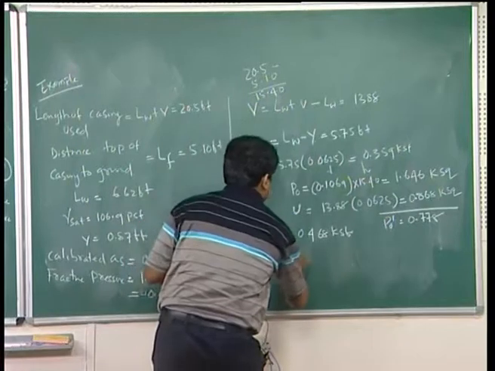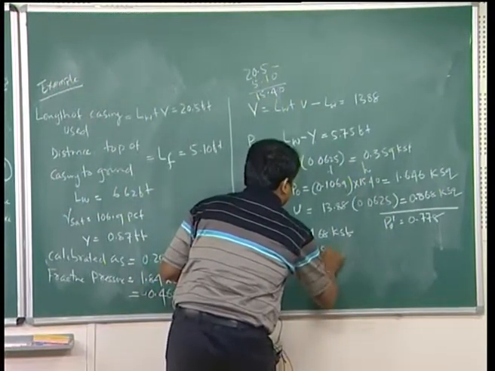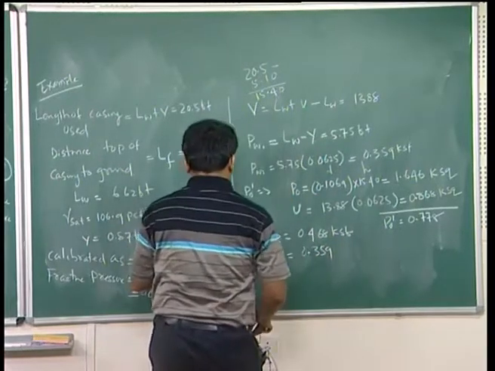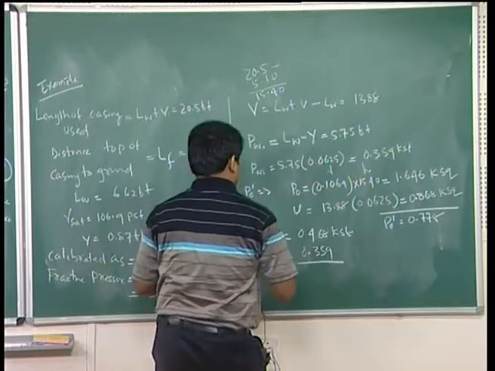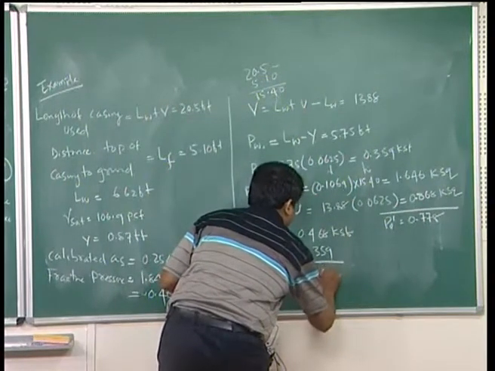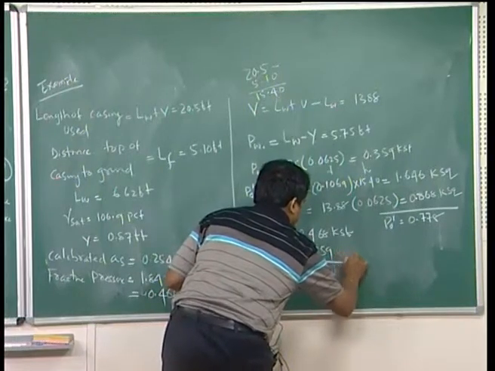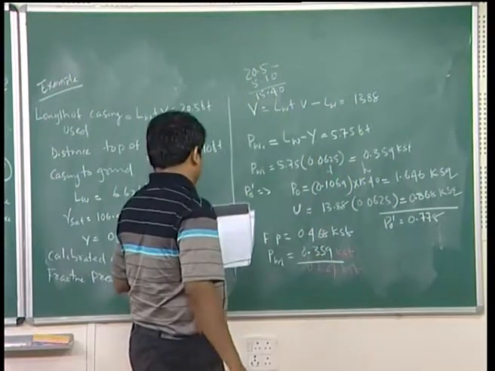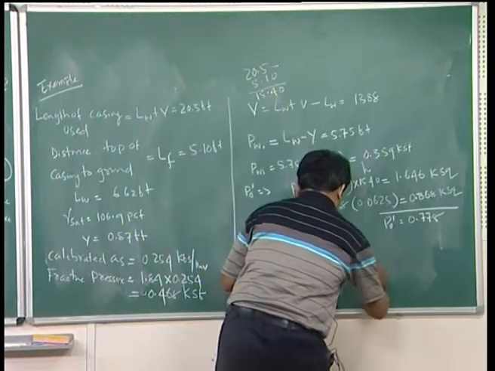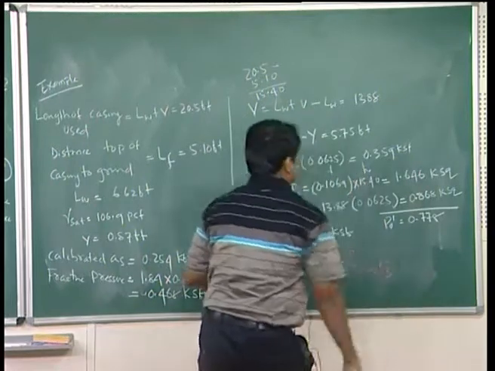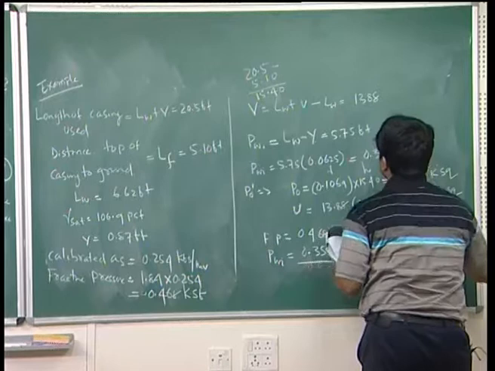Water pressure is equal to 0.359. So, total pressure is equal to 0.827 kips per square feet. So, this is nothing but your sigma 3 and this is nothing but your sigma 1.